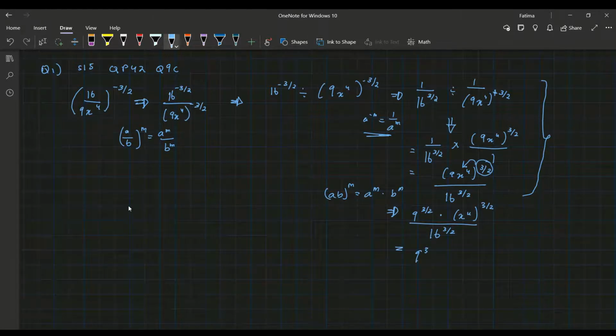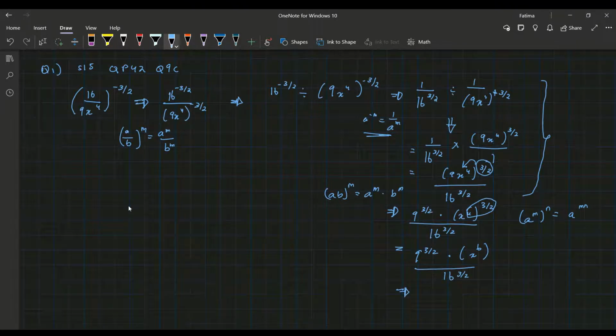So 9 to the power 3 by 2, and this x raised to 4 whole to the power 3 by 2, these two can be multiplied because we make use of the rule a to the power m raised to n is equal to a to the power m into n. So 4 into 3 by 2 is 6. So this would be x to the power 6 upon 16 to the power 3 by 2.